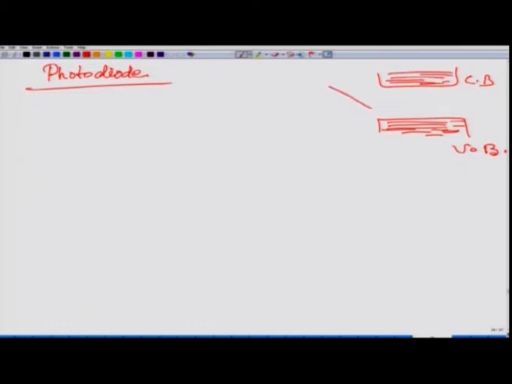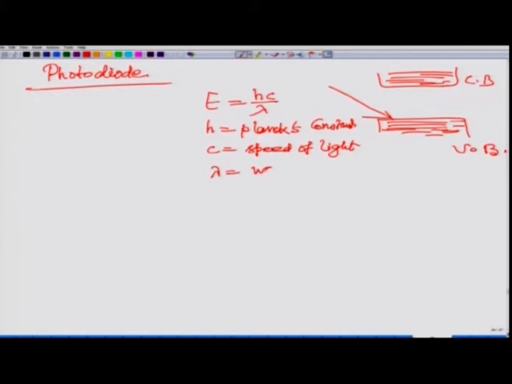And then when light falls, the energy of a photon, you know, is hc over lambda, where h is Planck's constant, c is the speed of light, and lambda is wavelength.